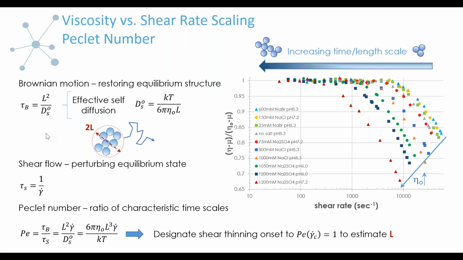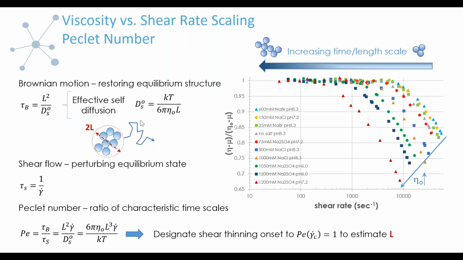So the characteristic timescale for Brownian motion just comes from the idea that we're going to look at this aggregate, and say, how long does it take to diffuse a distance on the order of its size? That's going to be our characteristic timescale of the Brownian motion. We're looking at short time self-diffusion. So this timescale comes from the radius of this aggregate, which we're going to call L, squared, divided by the diffusion coefficient associated with this aggregate.